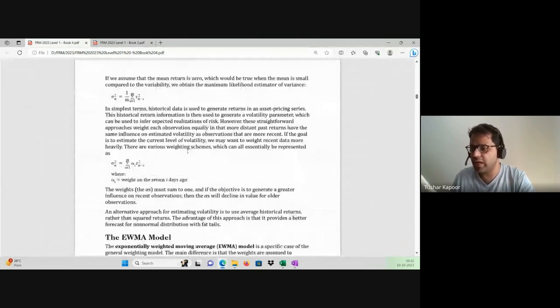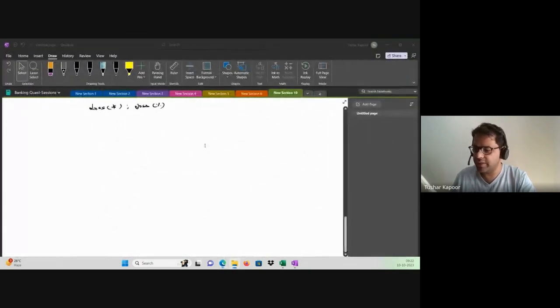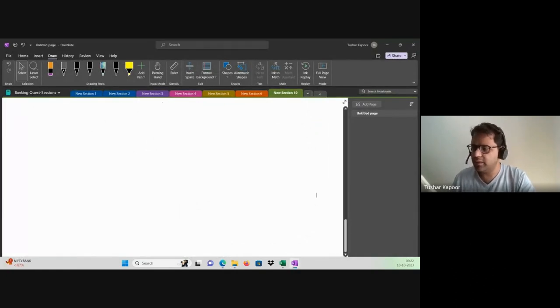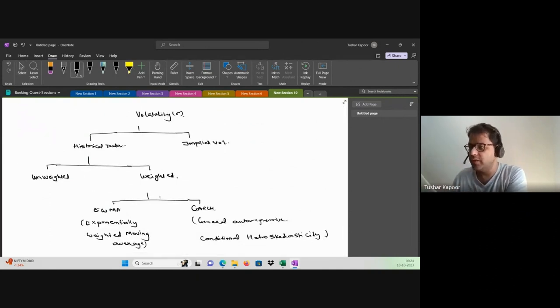So the first part is how do you calculate the standard deviation. And when it comes to standard deviation or volatility, let's just say there are certain other methods. Think of it this way, volatility or the standard deviation, which is different from variance, is not the same thing as variance, because variance is a name which I use for standard deviation squared.